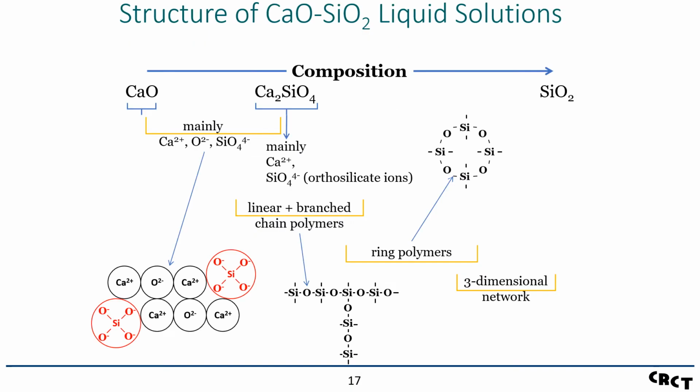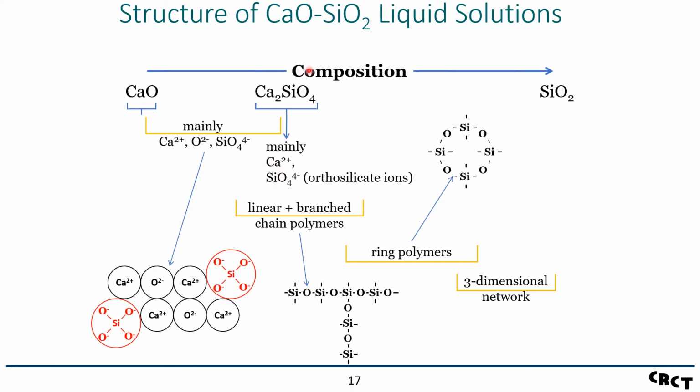This would be a rough idea of how it varies with composition. If we go in composition from calcium oxide to silica, in the basic solution you're going to have calcium ions, oxygen ions, and orthosilicate ions, which you could consider to occupy anion sites along with the oxygen ions. When you get to pure calcium silicate, it's almost pure calcium ions and orthosilicate ions.